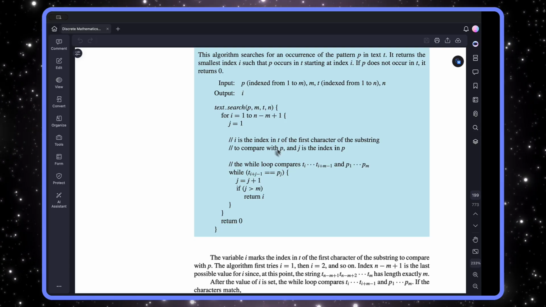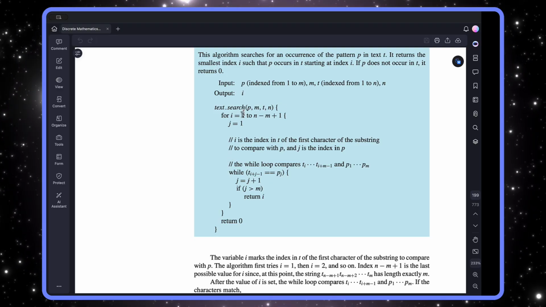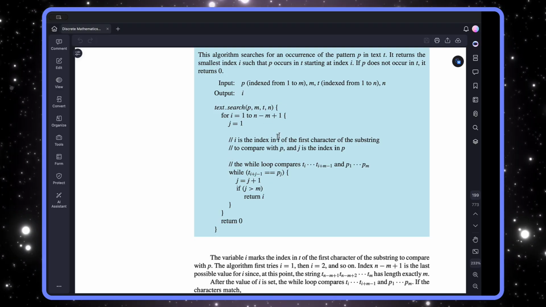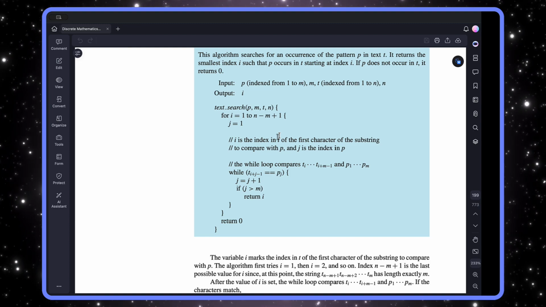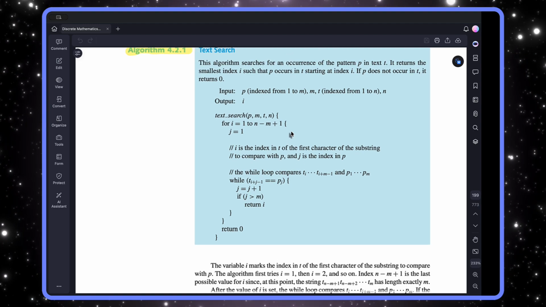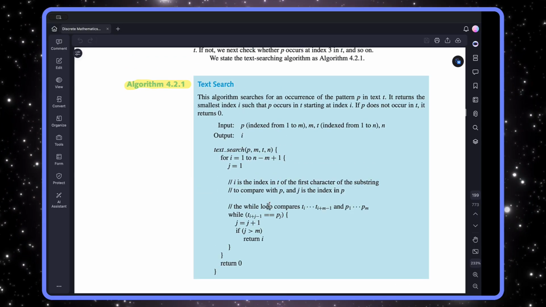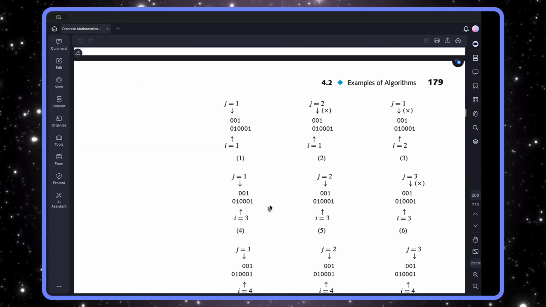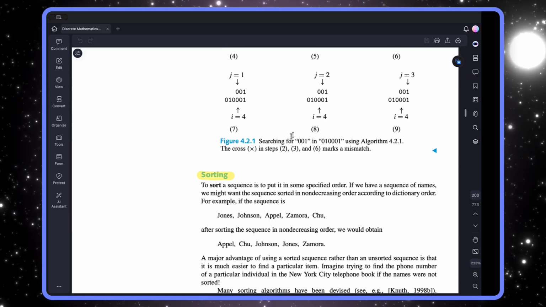So look at this loop and make sure you understand how it works, because it goes back and sets J equal to 2 and so on. Essentially, it checks little chunks of the text, and if it finds the word, it pumps out the index I, and if it doesn't, it pumps out 0. So make sure you understand that. Here's a little explanation of how it works.